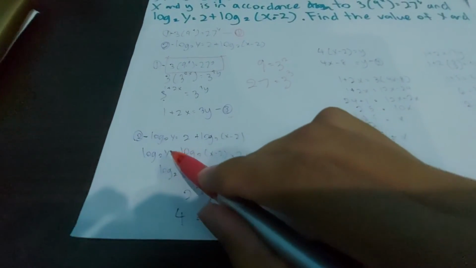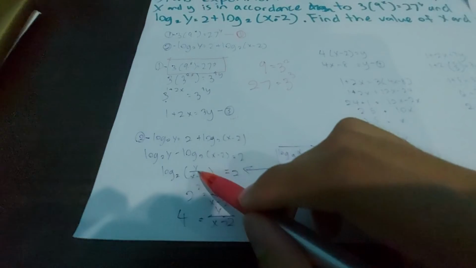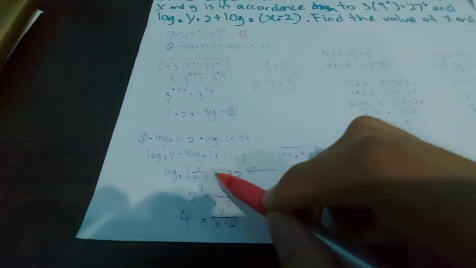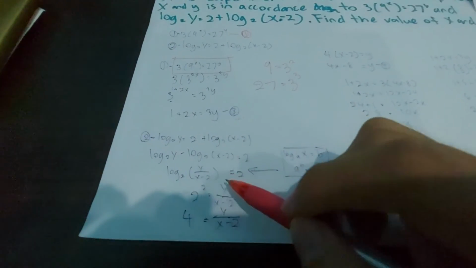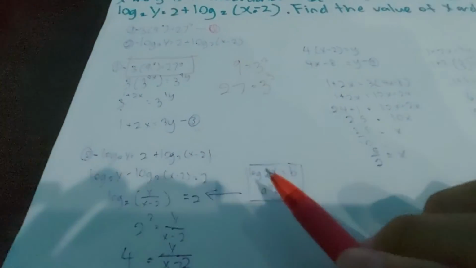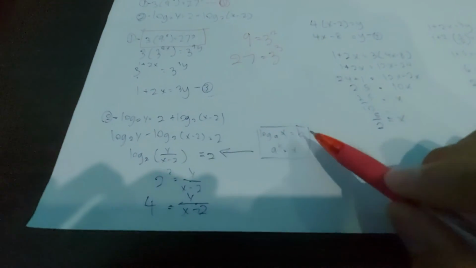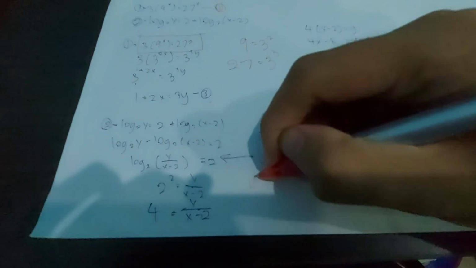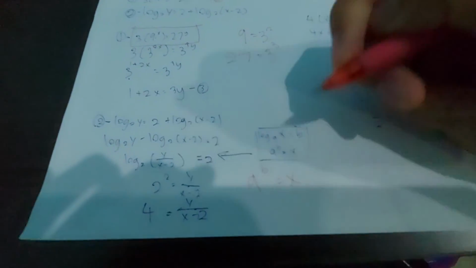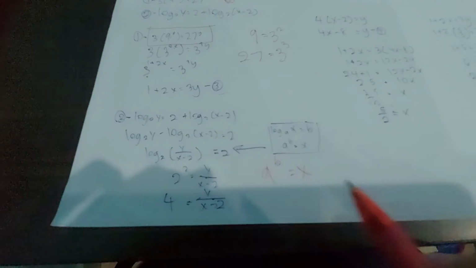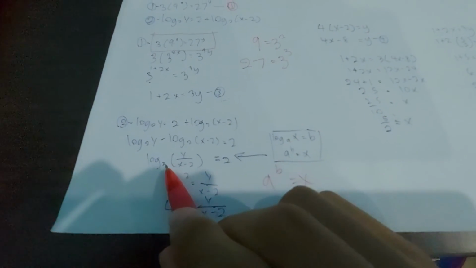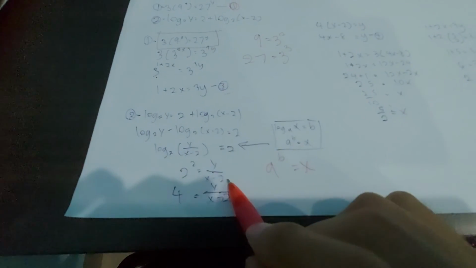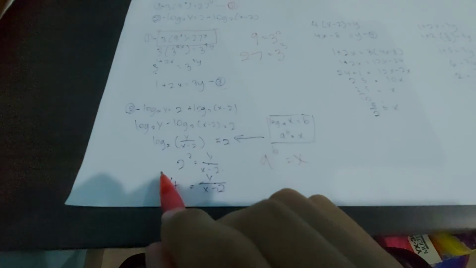Because there is a minus, in log it becomes division. So y divided by x minus 2 equal to 2. When you look at this kind of equation, you can convert it into a to the power of b equal to x. So 2 as the base, to the power of 2 here, is equal to y over x minus 2. This is what we got.